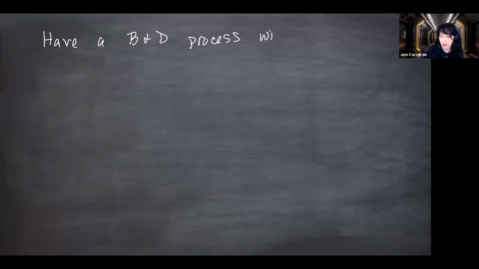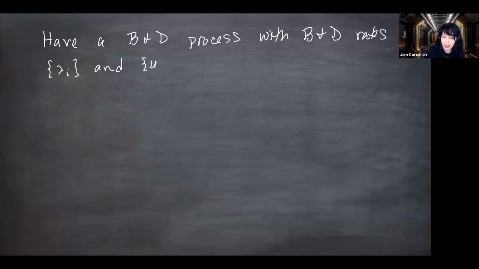So suppose we have a birth and death process with birth rates lambda i and death rates mu i. So there's a whole collection of them, so I'm just going to put it in brackets, lambda i and mu i. I guess maybe I should say respectively, but it's a whole collection.